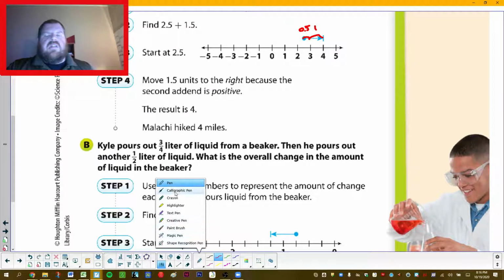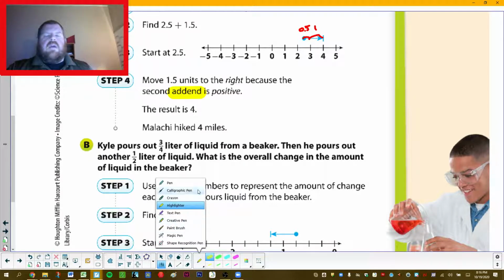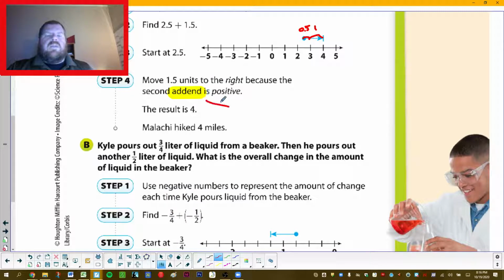That's actually going to take me right to my code word for the day, which is going to be addend. The word addend is the term that we use as a part of an addition problem.